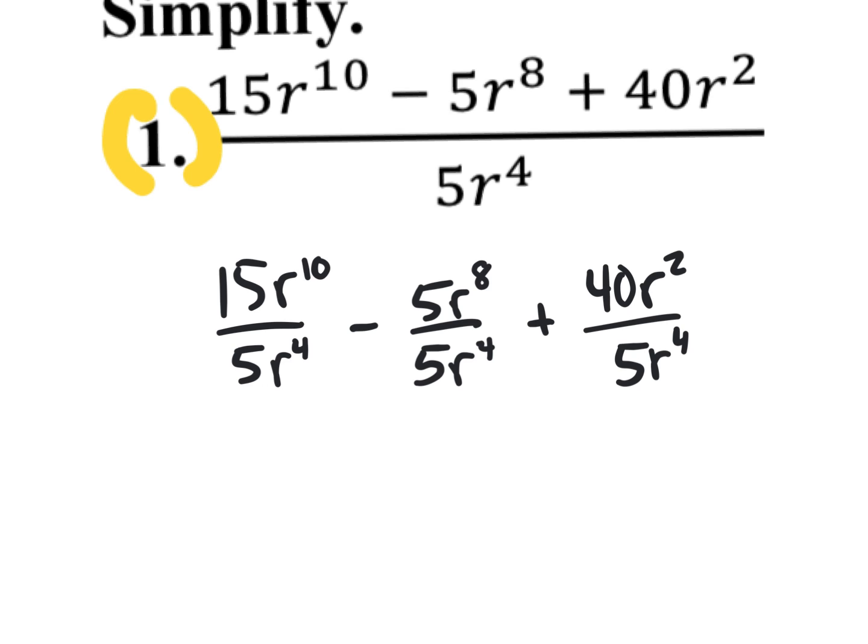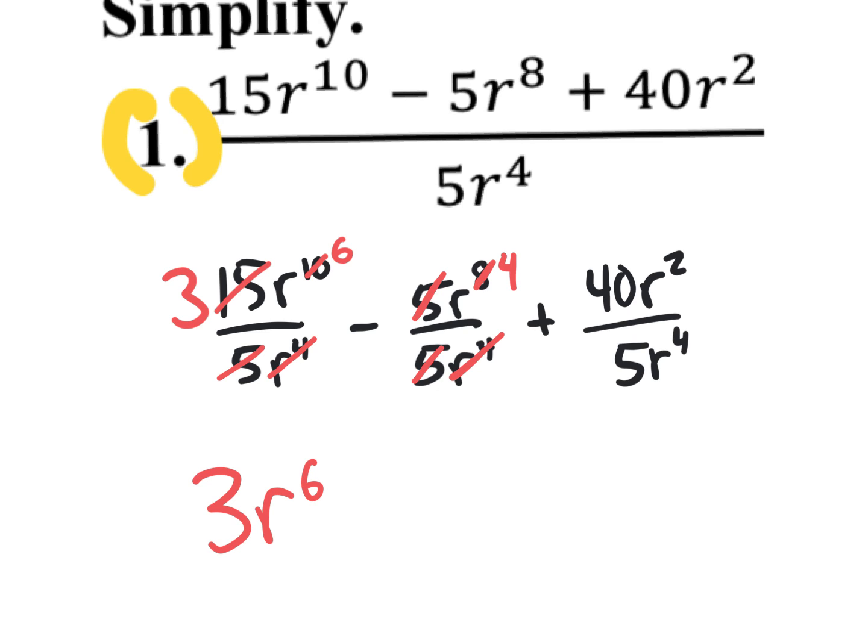So I could look at that first fraction and say, okay, 15 divided by 5 is a nice number 3, and it's left over up on top. There are 4 r's on the bottom that cancel with 4 of the 10, which means I have 6 left over up on top. So the first answer is 3 r to the 6. No more fraction. There was nothing left on the bottom. The second fraction, 5 cancels with 5. 4 r's cancel with 4 r's.